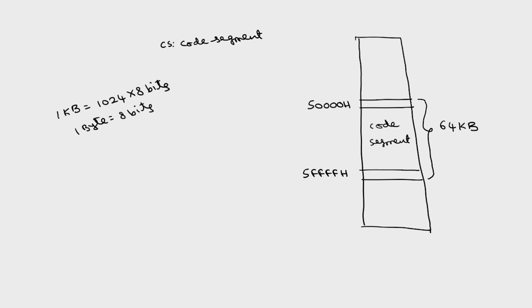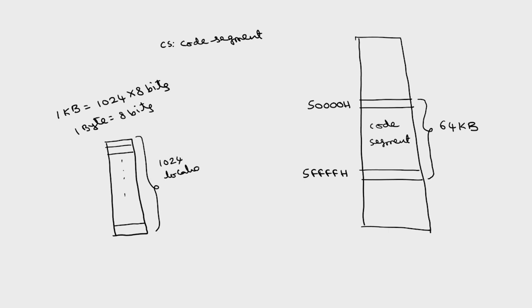The meaning of 1 kilobyte is that we will have 1024 locations, 1, 2, and so on up to 1024, and each location is capable of storing 8 bits of information. So, this can store 8 bits, this can store 8 bits. This is the meaning of 1 kilobyte.